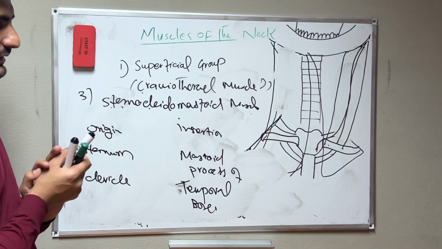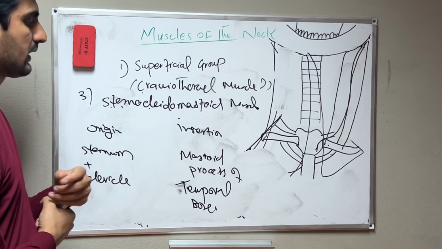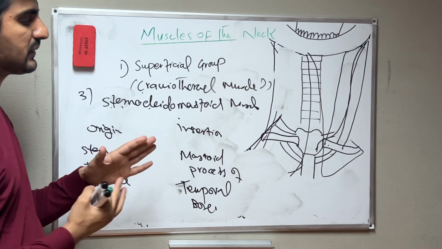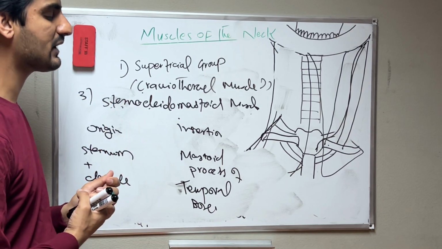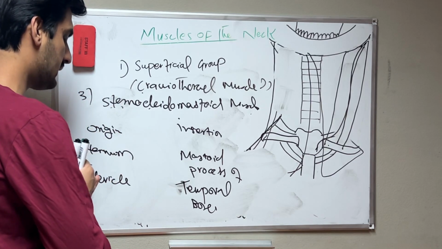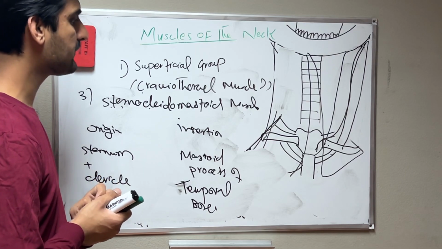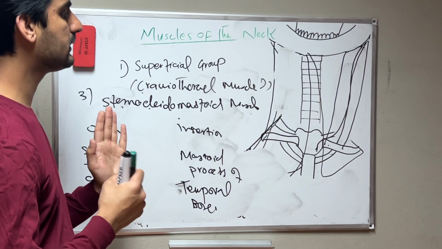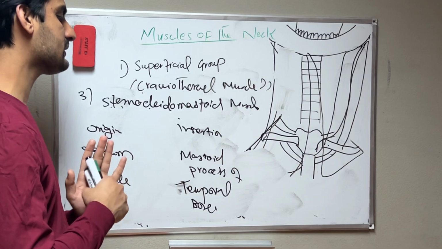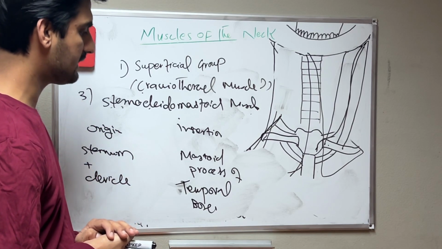These are the three muscles we discussed, with origination and insertion of the superficial group. As for function, these muscles help in lateral rotation, unilateral and bilateral rotation of the neck, and they also help in extension and flexion of the neck.